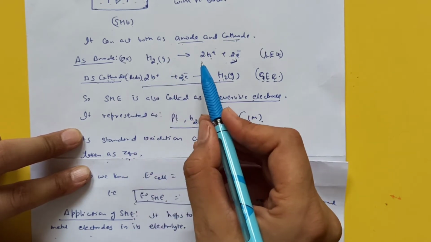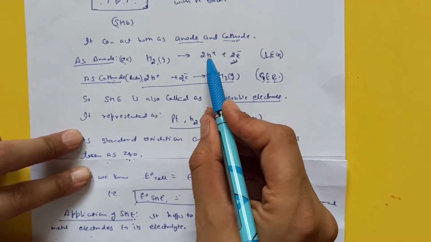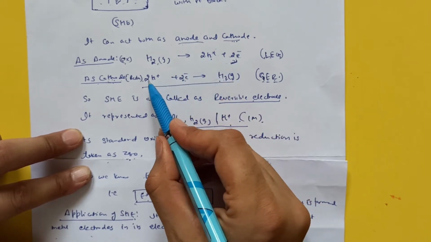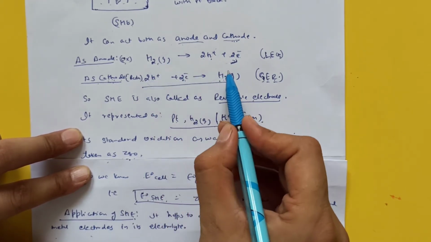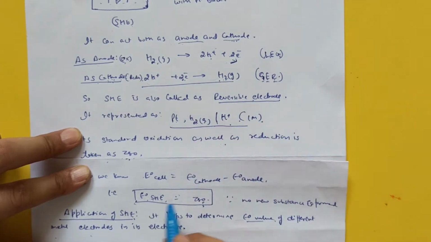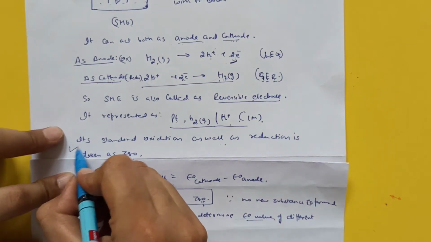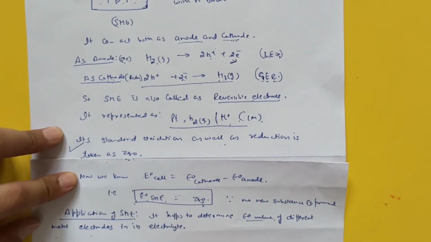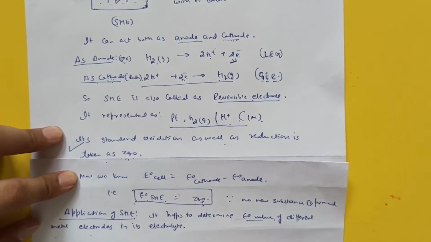If you try to find the overall reaction, you will find H plus ion will cancel out from H plus ion, hydrogen gas will cancel out from hydrogen gas, so net overall no new substance is formed. So E0 value for standard hydrogen electrode is taken as 0. This justifies the statement. So now we know why it is called a reversible electrode and how its value of E0 becomes 0.